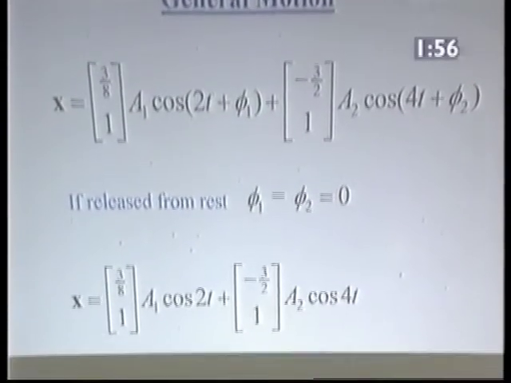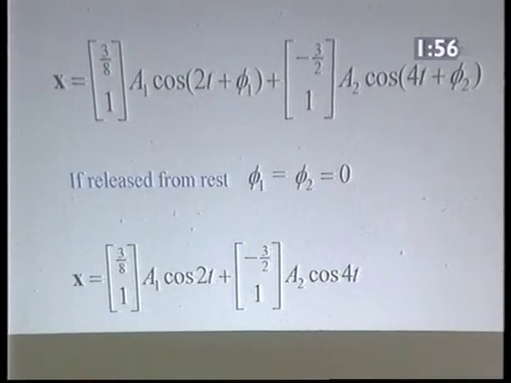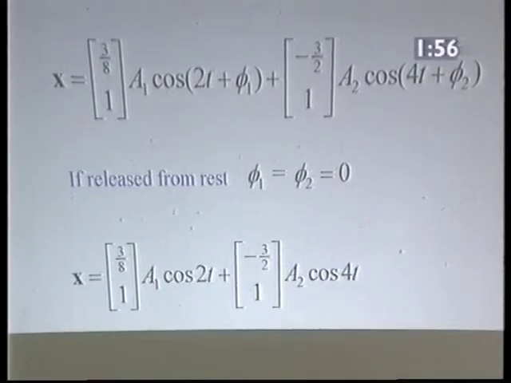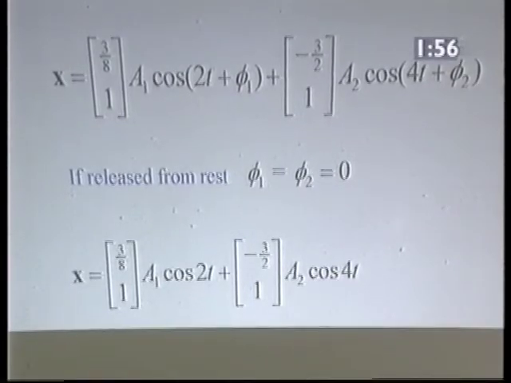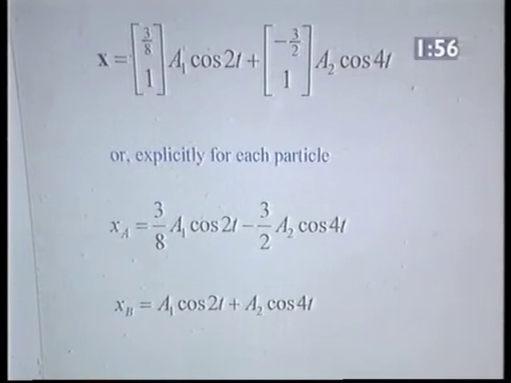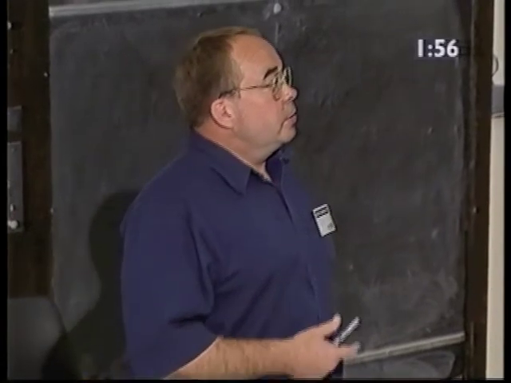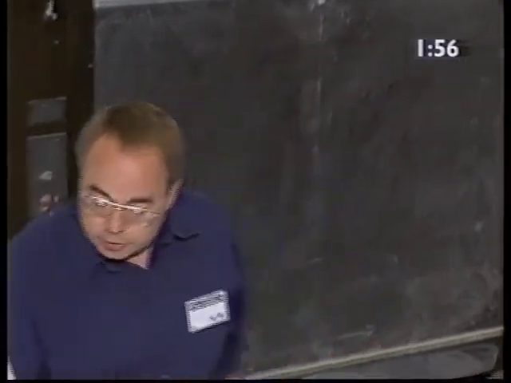If I write this out explicitly for each particle, the top element of the vector was xa, so that's 3/8 A1 cos minus 3 over 2 A2 cos, and similarly xb is the bottom line. So what we need to do is to put in two initial positions to determine the two constants A1 and A2.